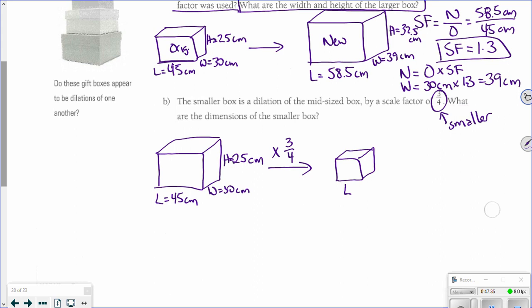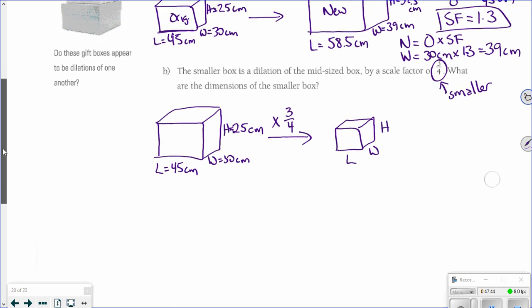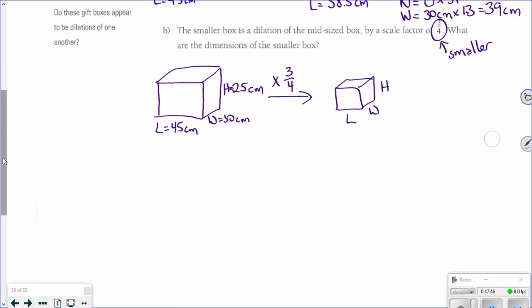So we need this length, we need this width, and we need this height. Because we're given the scale factor, we don't have to calculate the scale factor. All we got to do is take our originals and times it by the scale factor because the new side length equals the original side length times the scale factor. This is our original, this is our new.